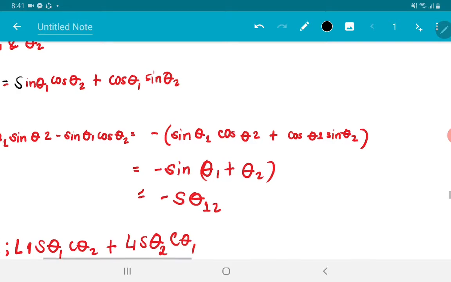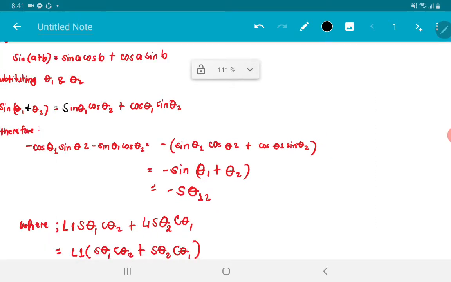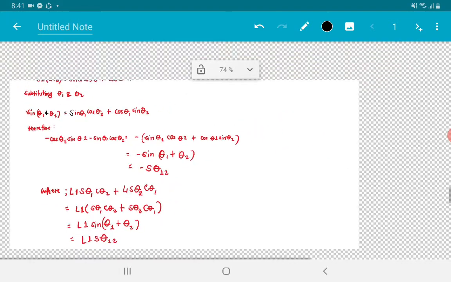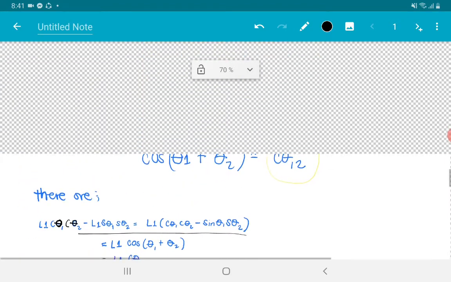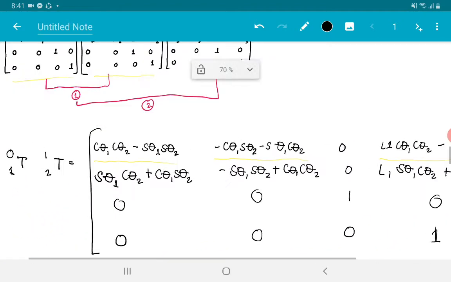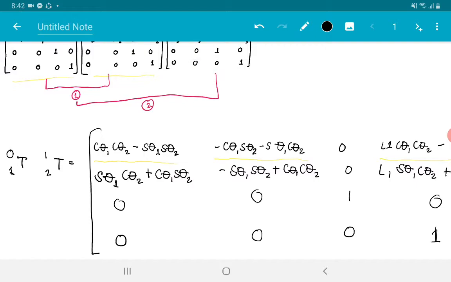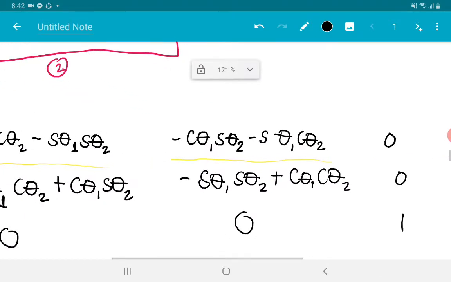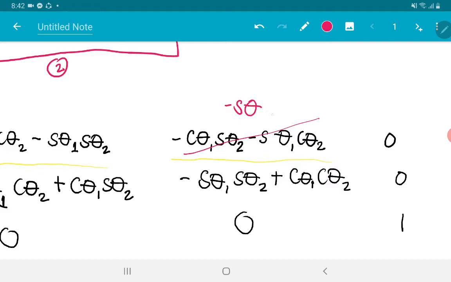So negative sine theta 1 2. So this can be used here: negative sine theta 1, 2.